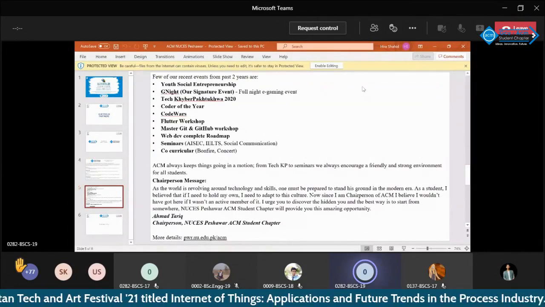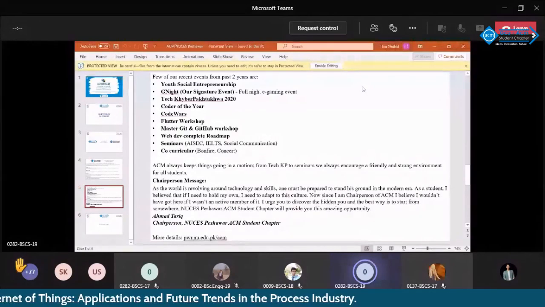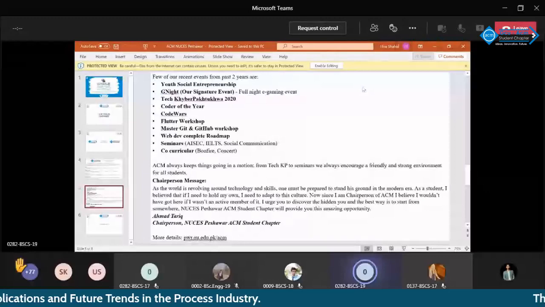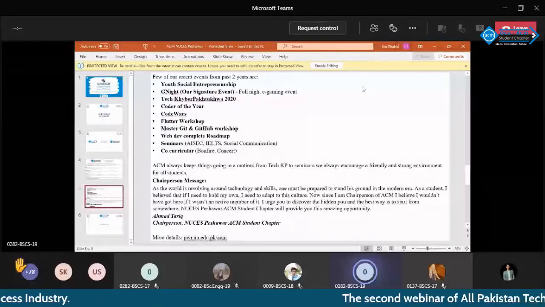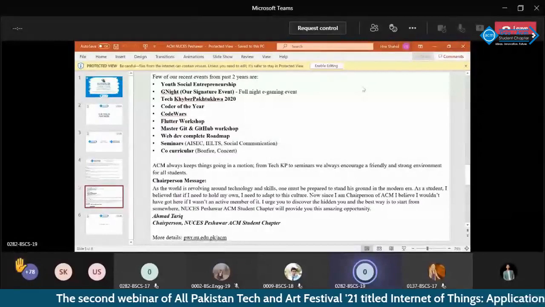The chairperson's message is: as the world is revolving around technology and skills, one must be prepared to stand on their own. I need to adapt to this culture.